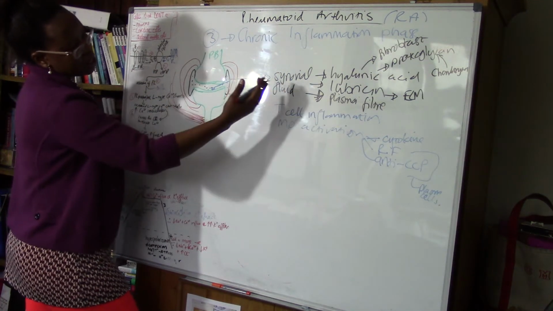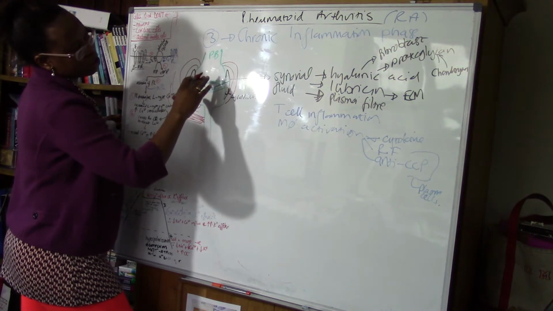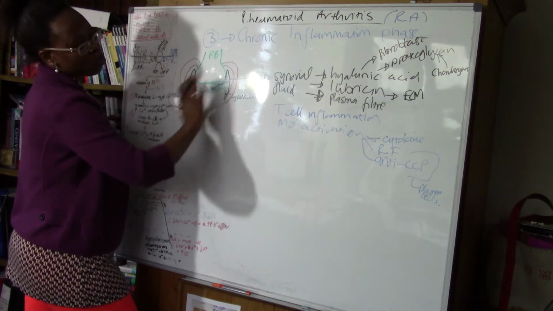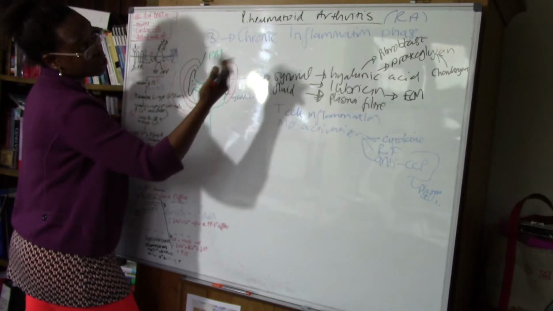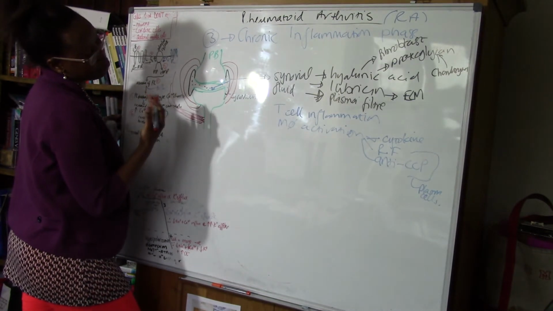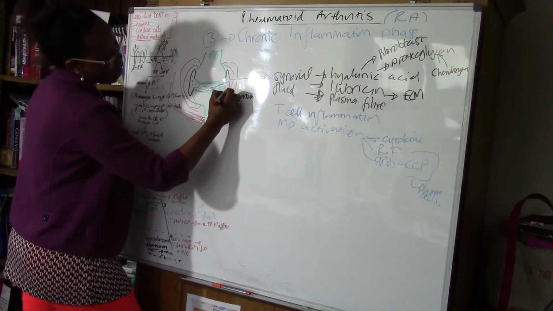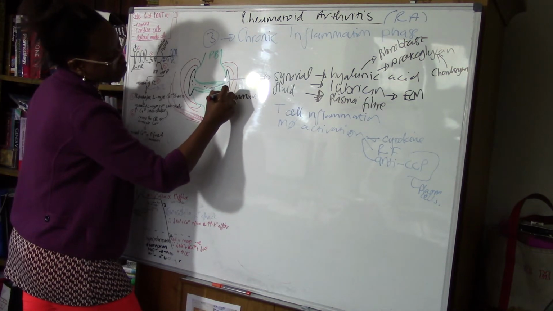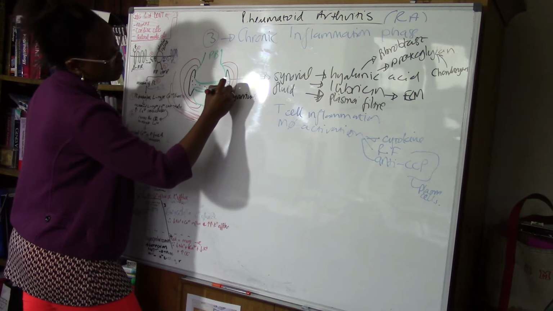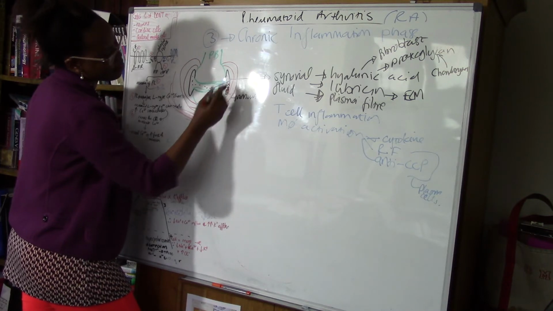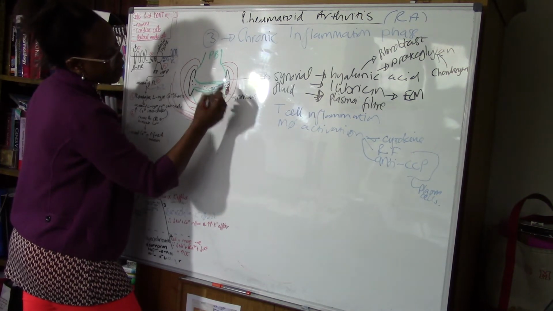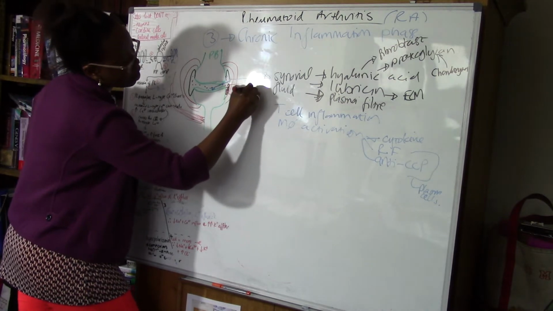As that inflammation continues, and we're talking about weeks to months of chronic inflammation, a pannus, which is granulation, like granules of inflammation, will form at the synovial lining there. So we'll call that a pannus.